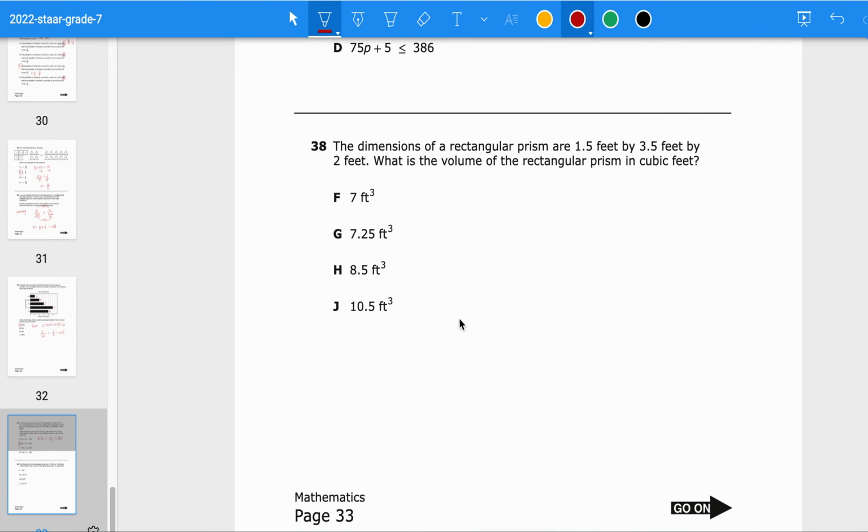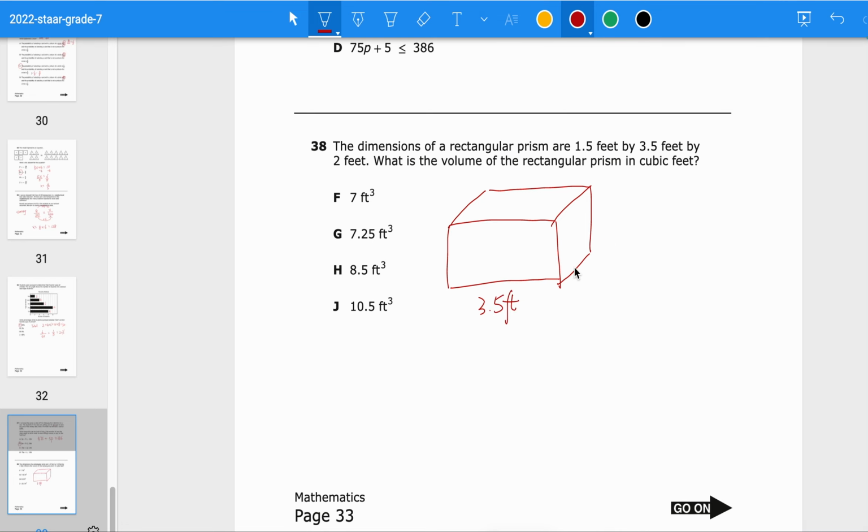Number 38. The dimensions of a rectangular prism are 1.5 feet by 3.5 feet by 2 feet. If drawing a picture can help you understand the rectangular prism, you can draw a 3D model like this. So you can see we have 3.5 feet. This side is longer, so I'll use this one as 3.5 feet.